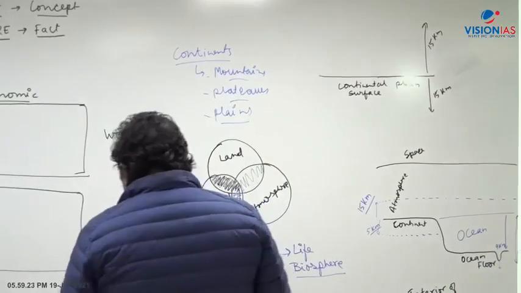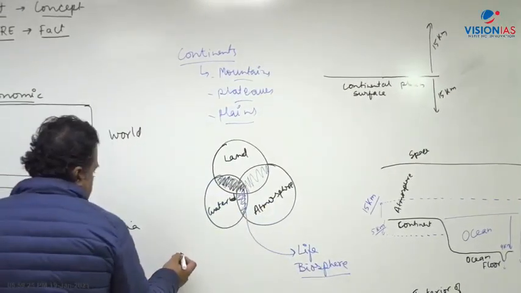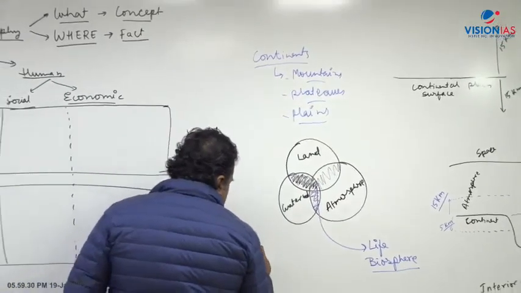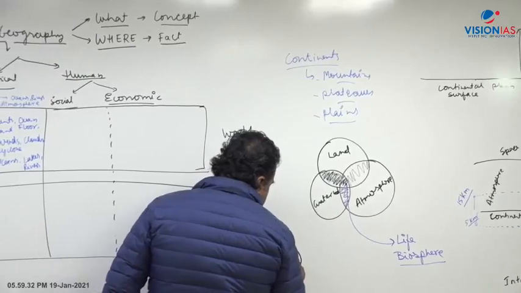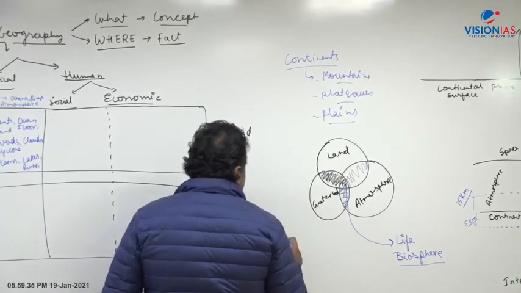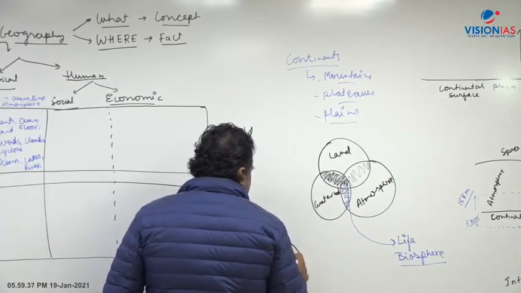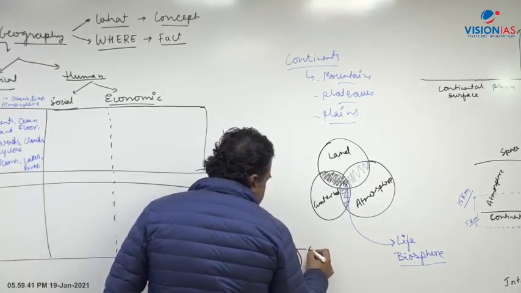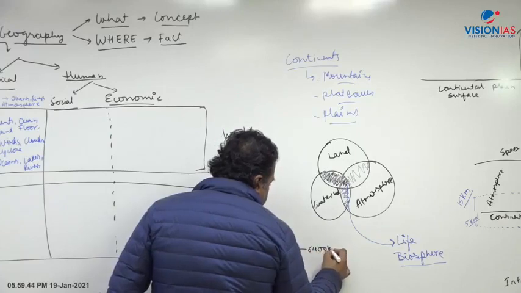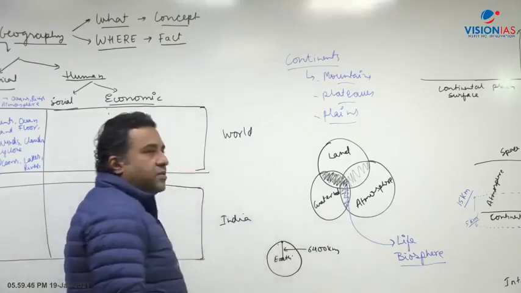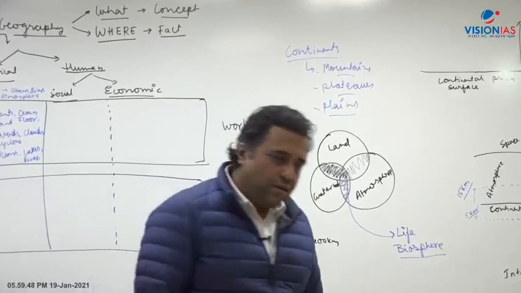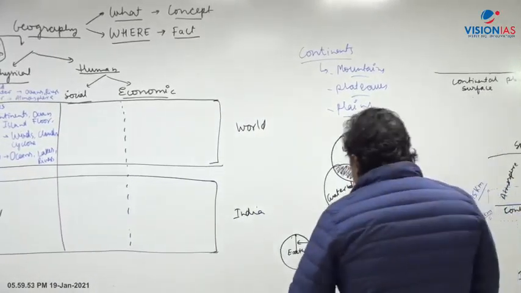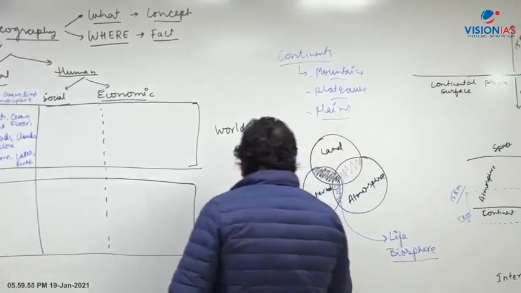Now why am I telling you all this? I'm telling you this because when you see the whole earth, if this is the earth's land surface, what is the depth of the earth's center? It is around 6,400 kilometers. The radius of the earth is around 6,400 kilometers. And what is the atmosphere's highest point?